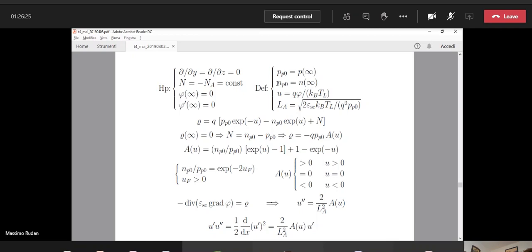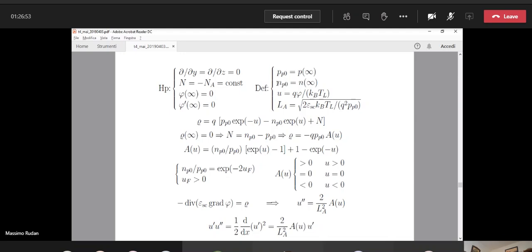Then we introduce, for convenience, the normalized electric potential. Instead of using phi as the unknown function, we use the normalized potential, which is q phi over kT. Then we introduce a parameter L_A that is a length.